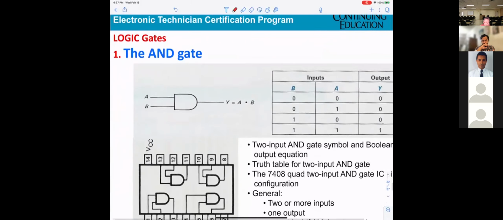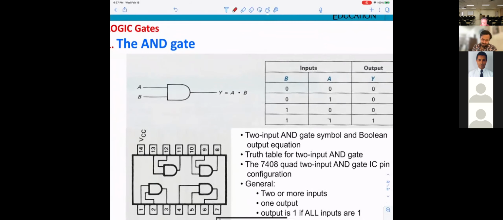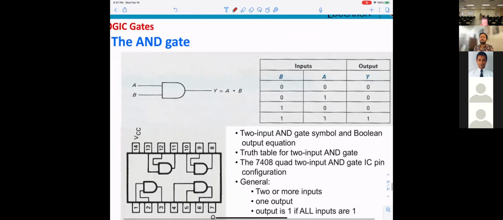Okay. Now, next one. This one is a logic gate. When you see this symbol, you get the input A, input B. This symbol is telling you AND, that means A and B. So the equation will be Y equals A and B, or AB.